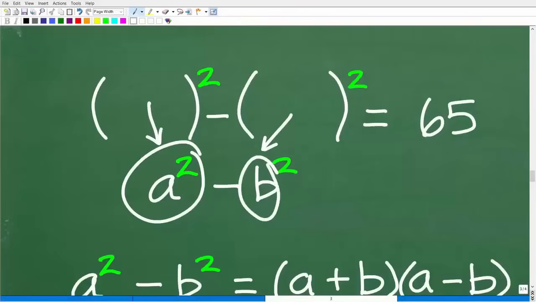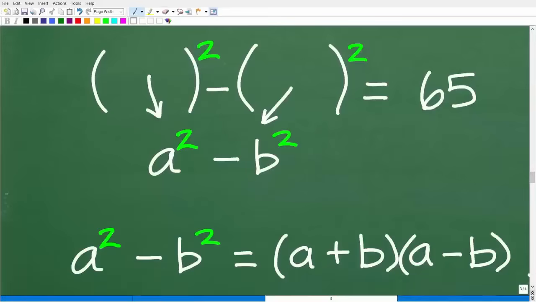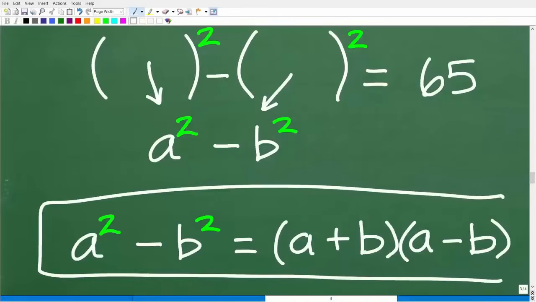It doesn't make a difference. We're talking about two different things that are squared and we're subtracting them. So we have an a squared minus b squared situation, and we can use the difference of two squares formula, which is a^2 − b^2 = (a + b)(a − b), to figure this expression out.